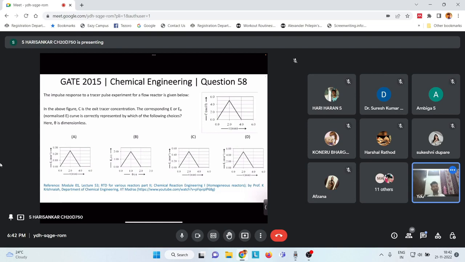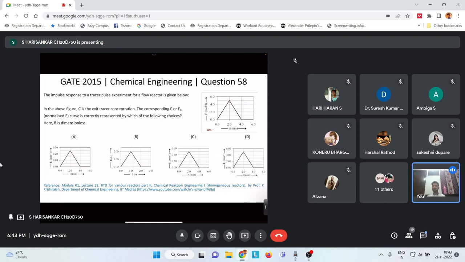So in this question, they have given us an RTD for a particular situation, and we can see that the RTD curve is basically an isosceles triangle. We are asked to find which of the following options represents the correct RTD choice. The curve given is a C versus t curve, or concentration versus time curve, and we need to find the most matching RTD curve, or E versus t curve.